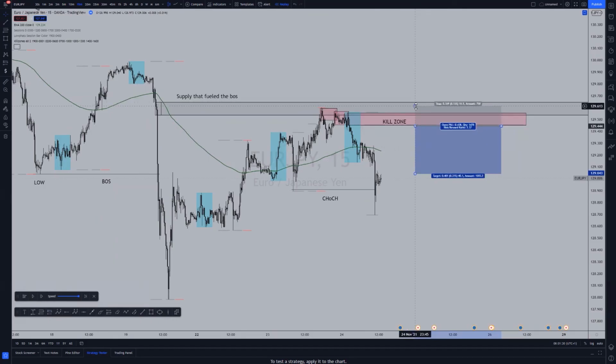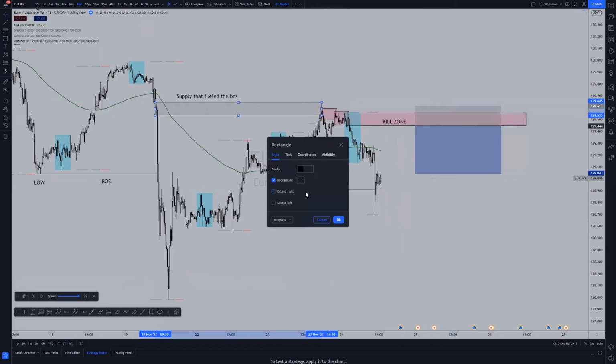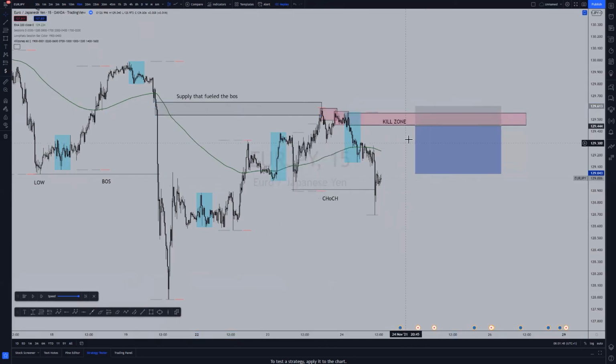So my stop loss would just be above this base, this supported base. All right, okay. So my stop loss would just be above the supported base right here.